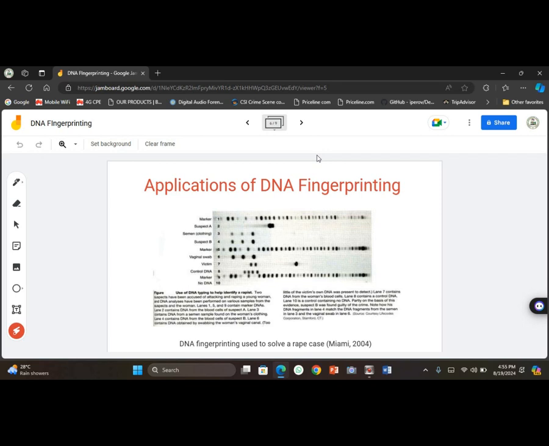It can also be used to conduct a paternity test, or even to determine the authenticity of rare sport memorabilia. But that one does not concern us. Let's just limit ourselves to crime scene investigation, or criminal investigation.